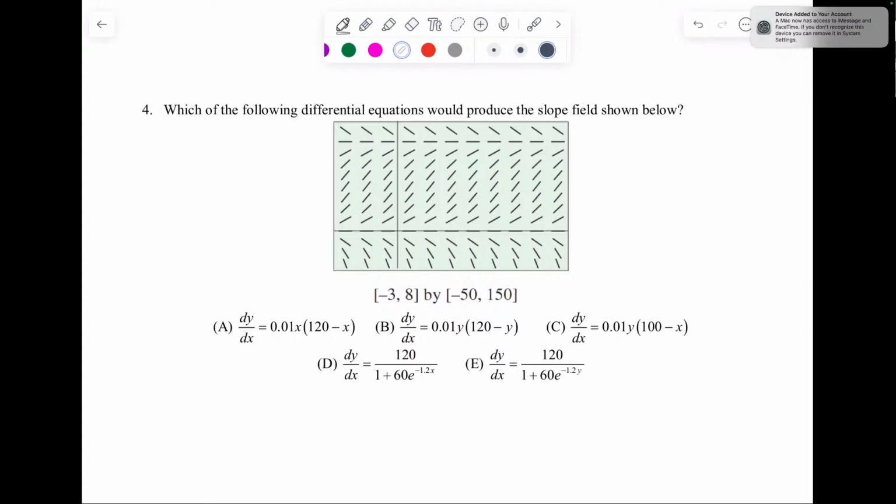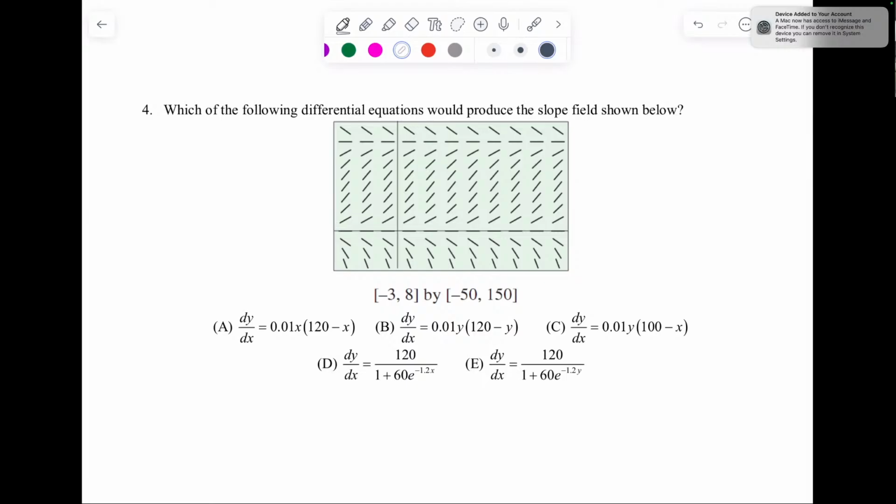Where dy, where, you know, it's the dy, and the x. I don't care about x, it means it has to be either B or E. And there's no y equals 0. For the first one, that'd be 0. That's why it's 120. 0.